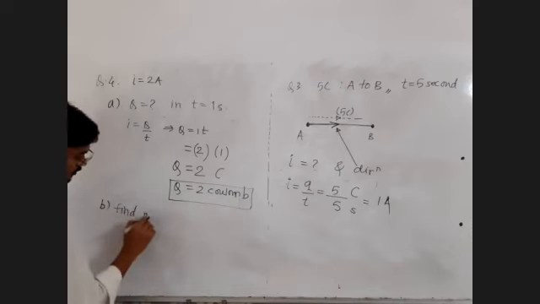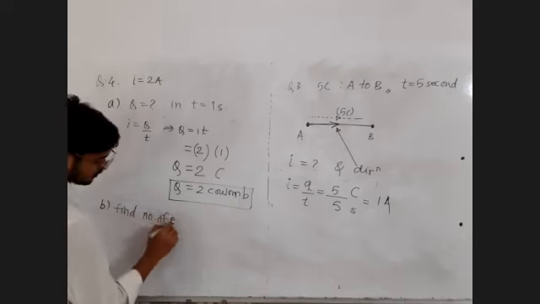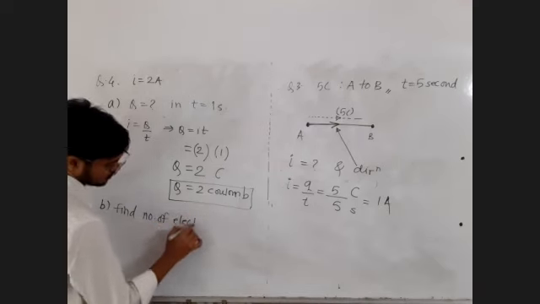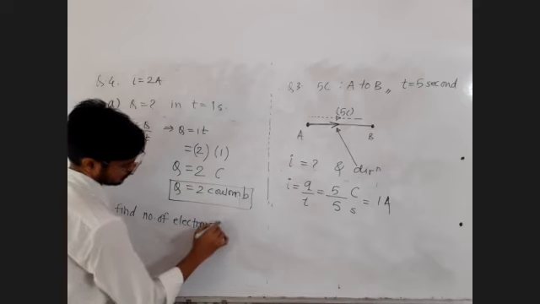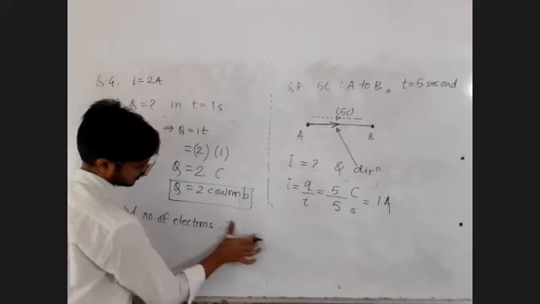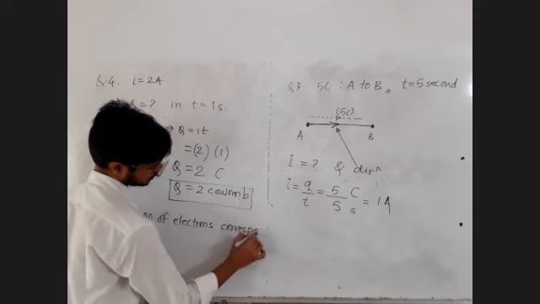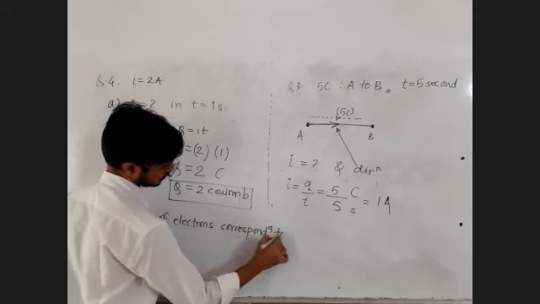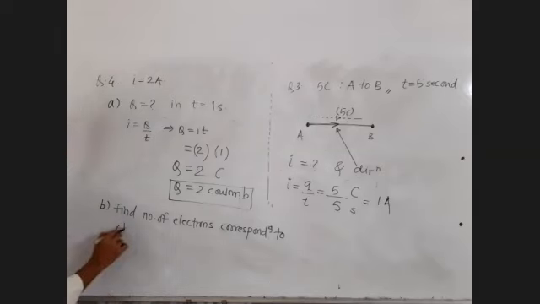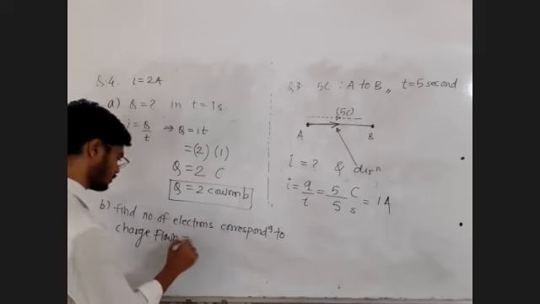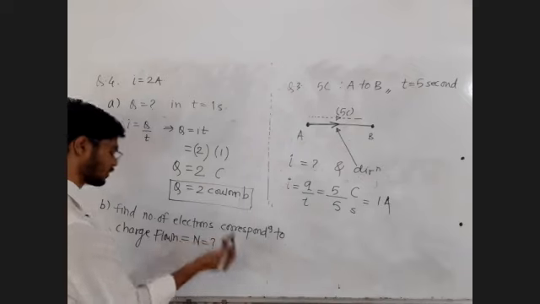Find the number of electrons corresponding to the charge flow. The number of electrons corresponding to the charge that has flowed, n is equal to question mark.